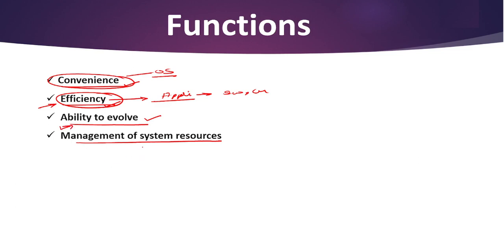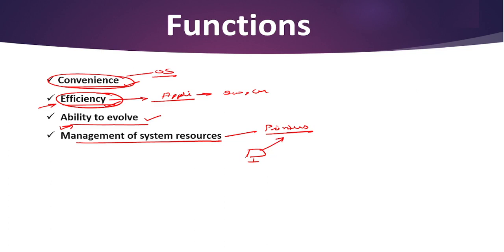Next is management of system resources. So it guarantees that resources are shared fairly among various processes and users. So what are resources? Resources are, let's say, a printer. In my computer system, I have used a printer, right? I have connected this computer with my printer.